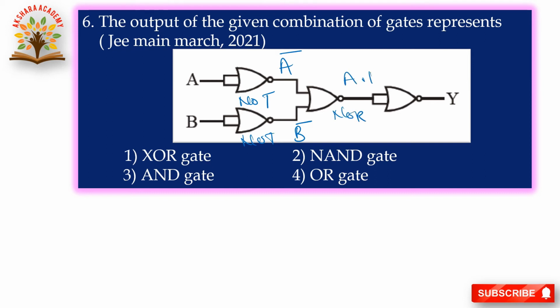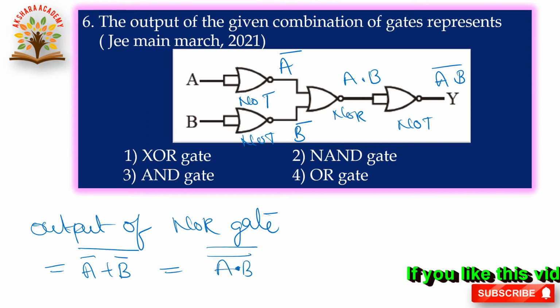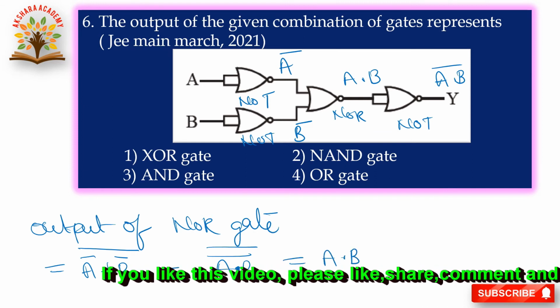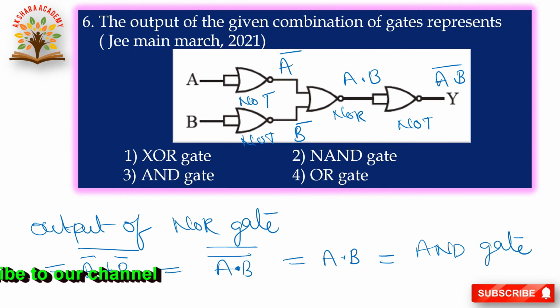So the output of the NOR gate is A bar plus B bar, that is equal to A dot B bar, so that is A dot B, which is an AND gate.